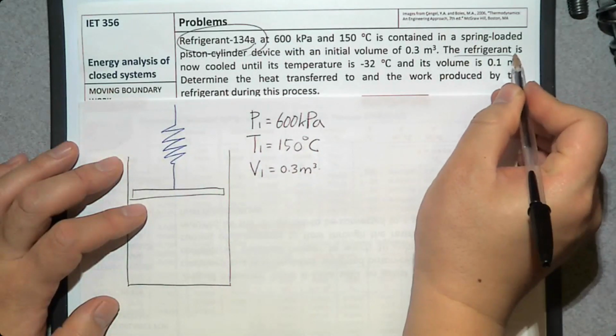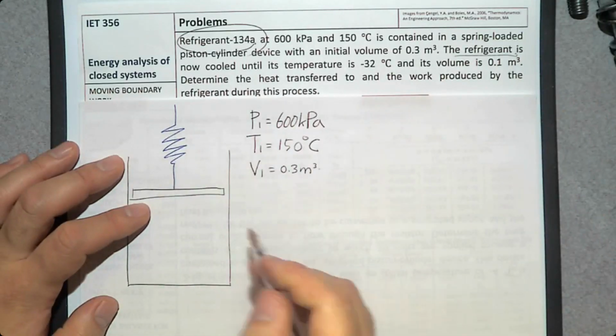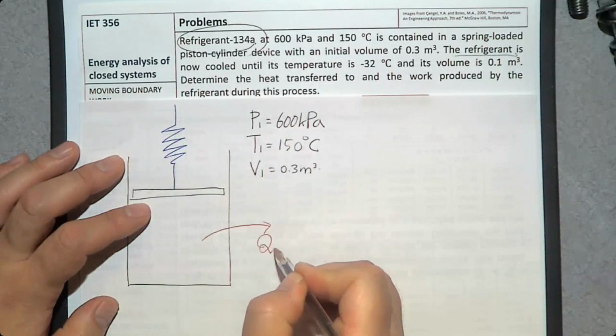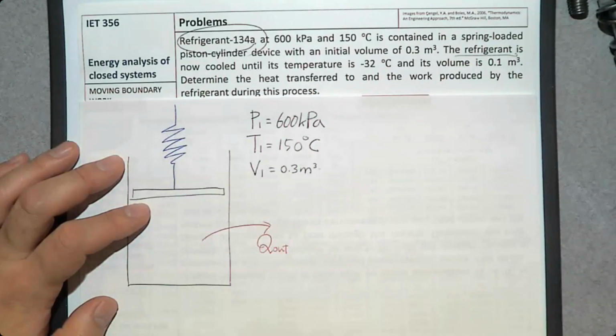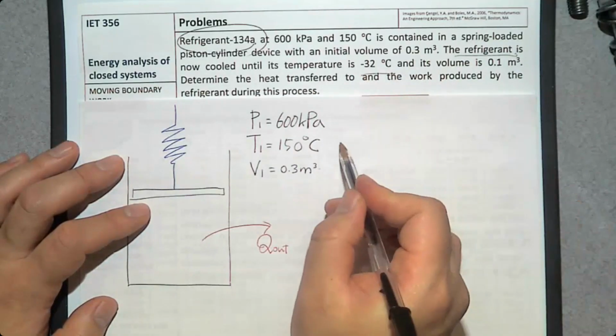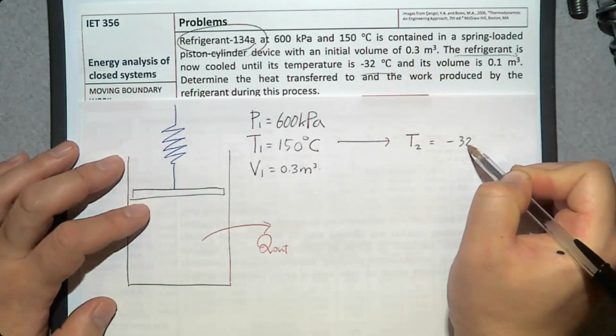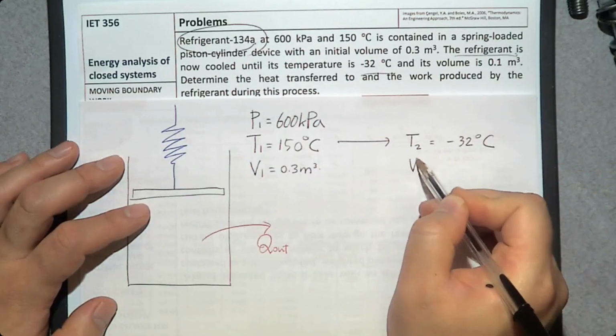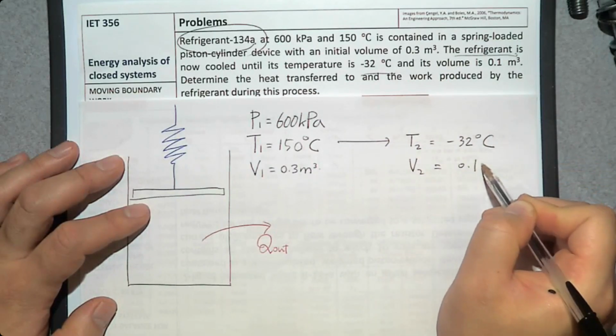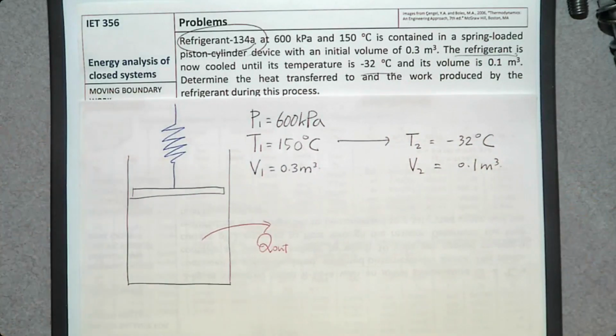The refrigerant is now cooled, so there's a cooling process. Heat is removed, Q out, until the temperature becomes minus 32. So during this process, T2 becomes minus 32 degrees Celsius. Volume V2 becomes 0.1 cubic meters. We want to determine the heat transfer and the work produced by the refrigerant during this process.